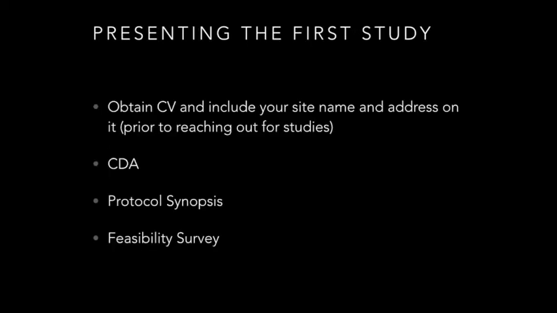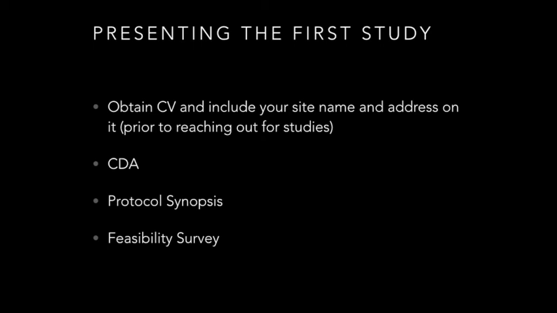Okay, so now presenting the first study. Before, let's say you get a PI to agree to all this, the first thing you want to do is get their CV, their curriculum vitae. Get it in a Word format, and tell them the reason is I have to put my company name and address on the top, meaning the site address.